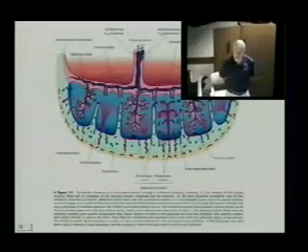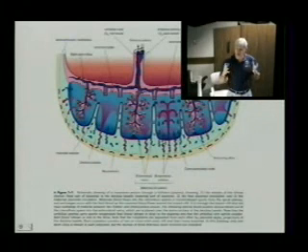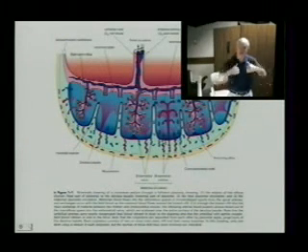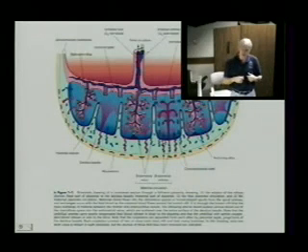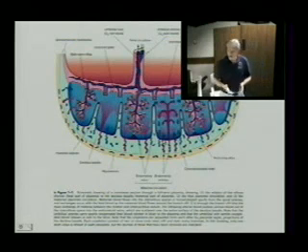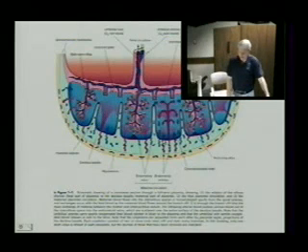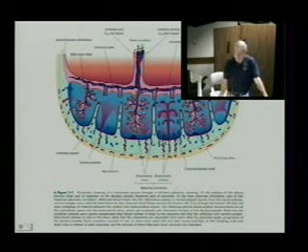Other examples of open circulatory systems like this, where the blood actually goes right into the interstitial fluid compartment and then somehow returns to the cardiovascular system, are in mollusks and those types of invertebrates. So humans have a closed circulatory system except for this instance.